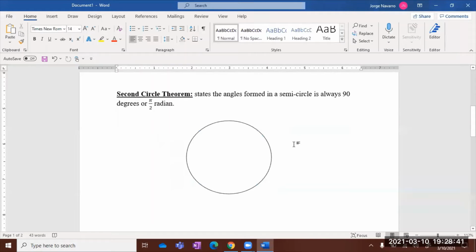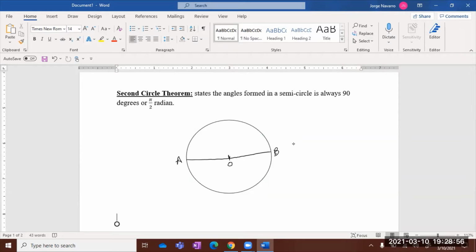According to this theorem, right? This is a semicircle because it passes through the origin. So this is my new point A and new point B. According to this theorem, once I make the third angle, that angle will always be 90 degrees.